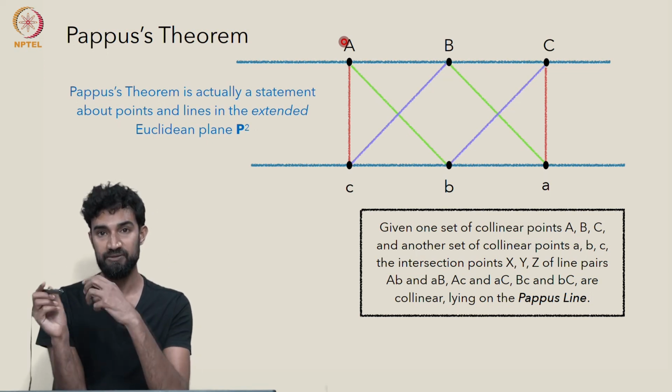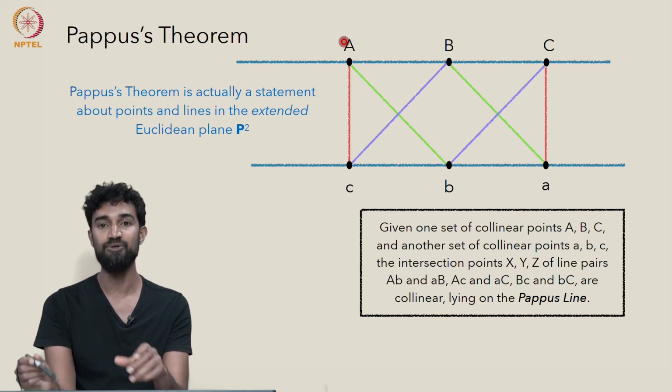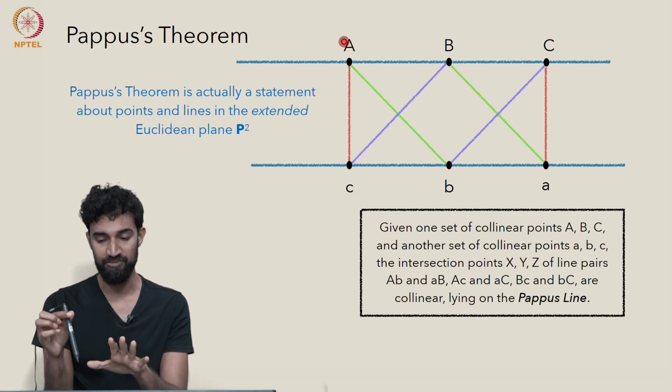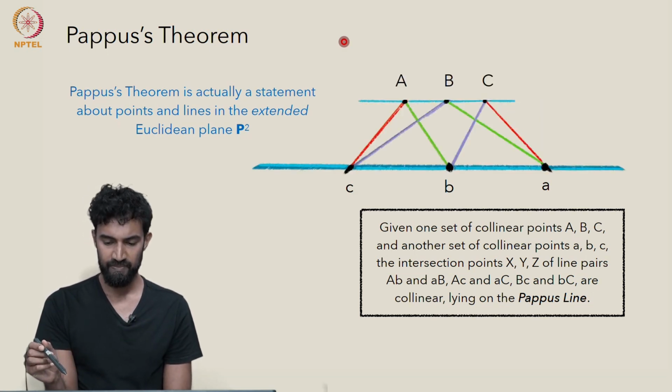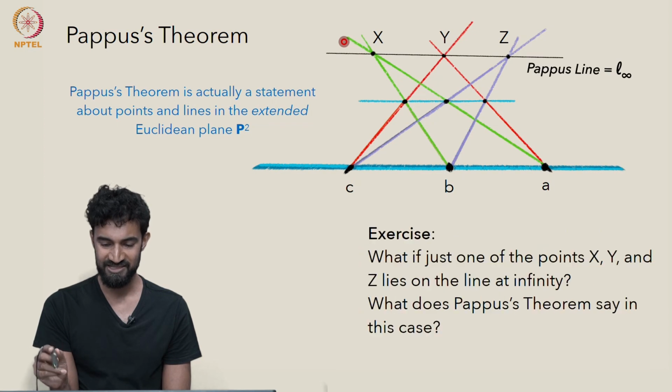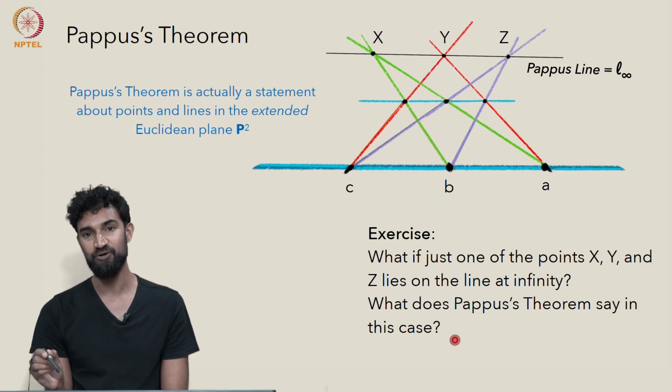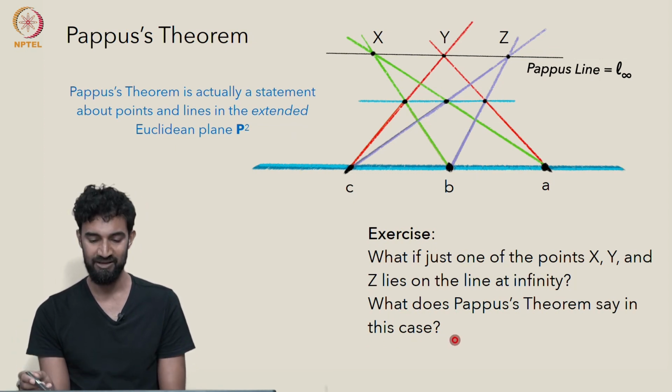Can you draw a configuration where the other pairs intersect on the plane? Can you concoct a situation like that? And in that situation, what is Pappus's theorem going to say? What will its content be?